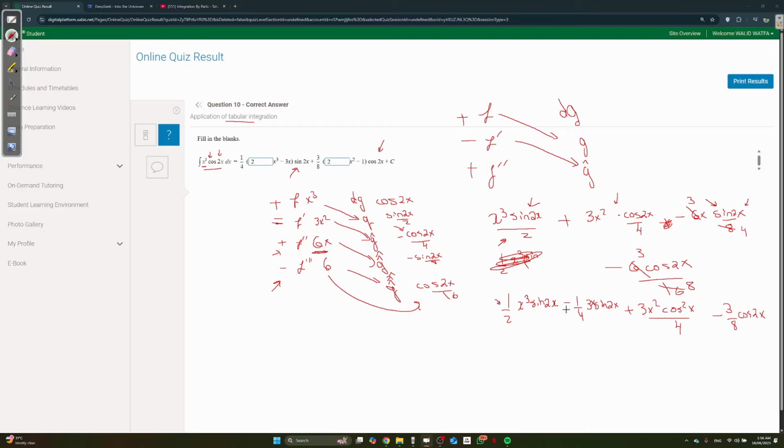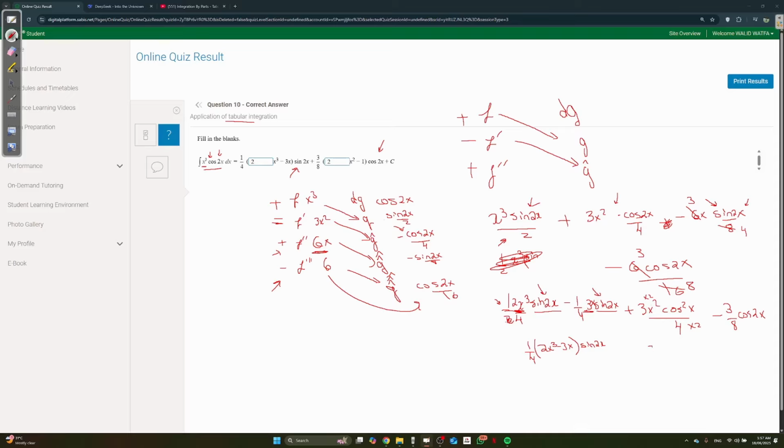Now if I factor out sine 2x and make the common denominator, this is going to become 2x cubed over 4, right? So let's factor out the 1 over 4 and the sine 2x. You have sine 2x in common and 1 over 4 in common. You're left with 2x cubed minus 3x. And then over here, taking the 3 over 8 in common, you have to multiply by 2 up and down.